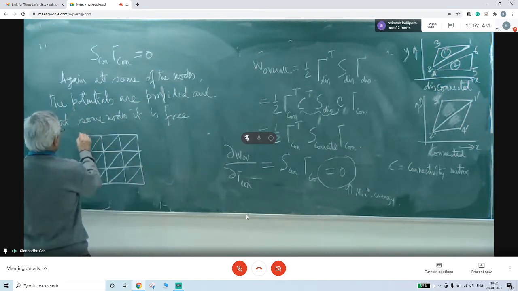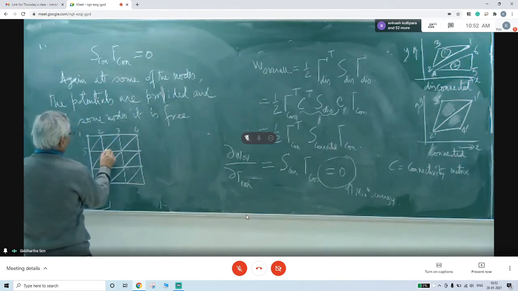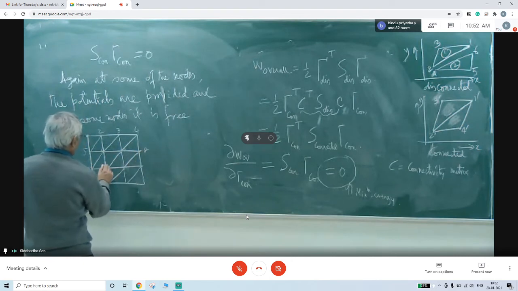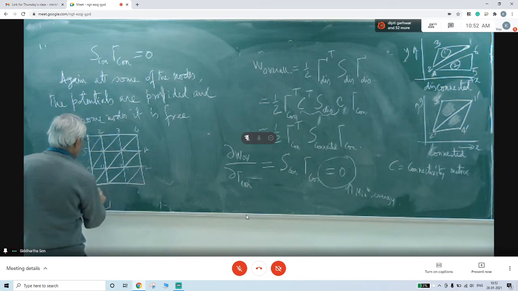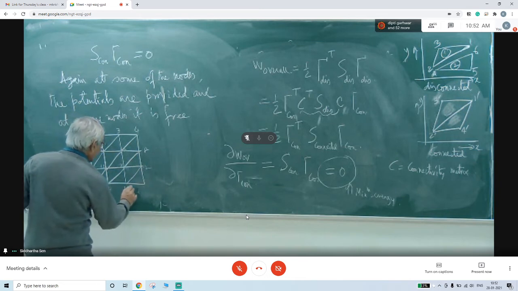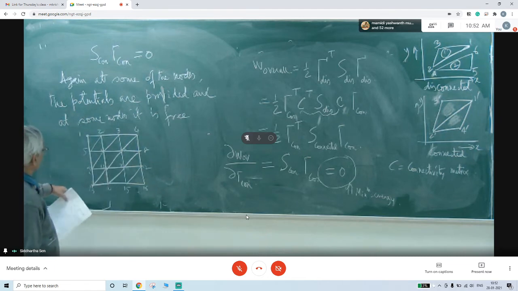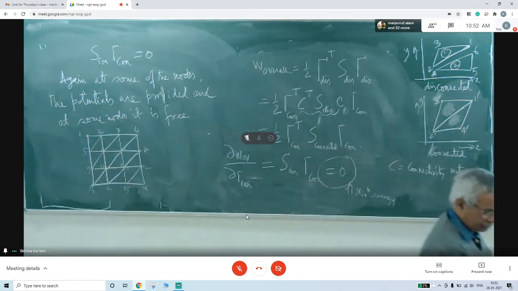So we can say the nodes are 1, 2, 3, 4, 5, 6, 7, 8, 9, 10, 11, 12, 13, 14, 15, 16. For this simple case, we have a whole region which is rectangular, and we have divided it into 16 zones.